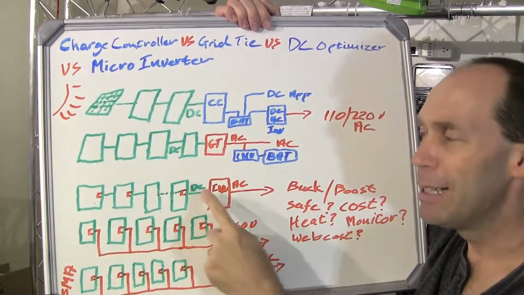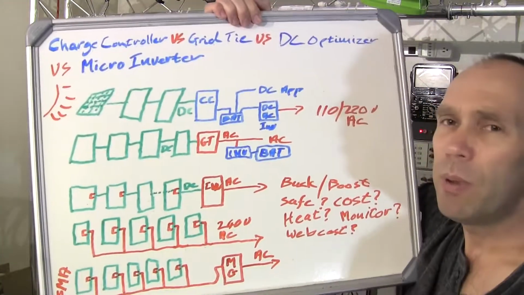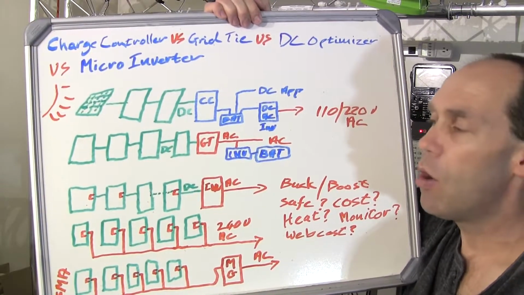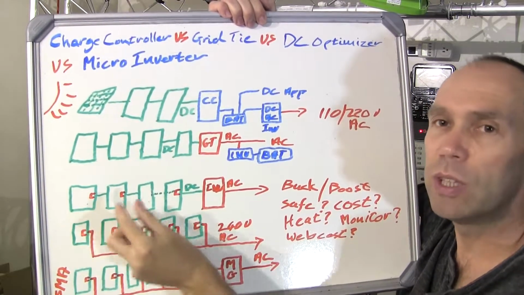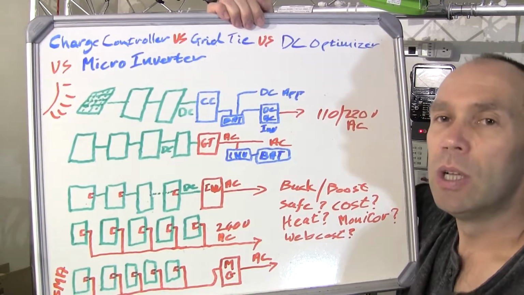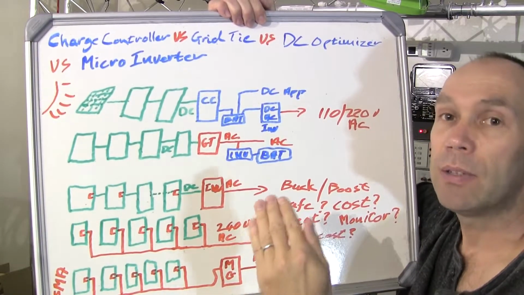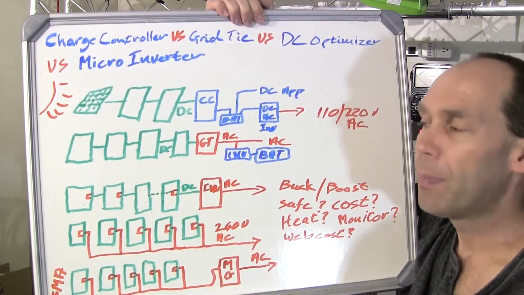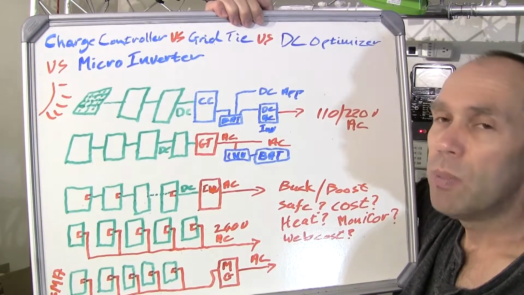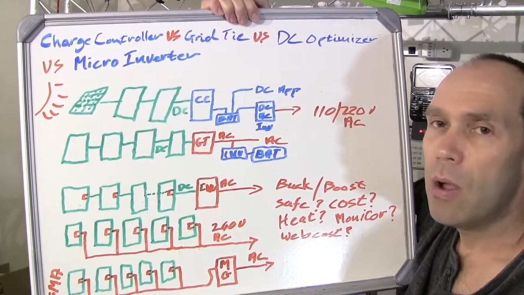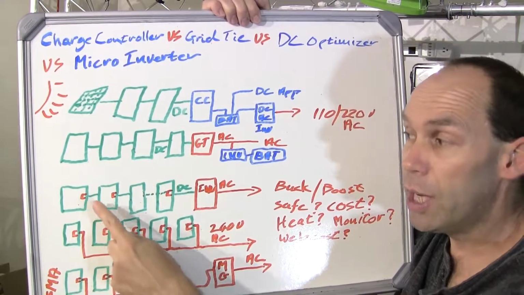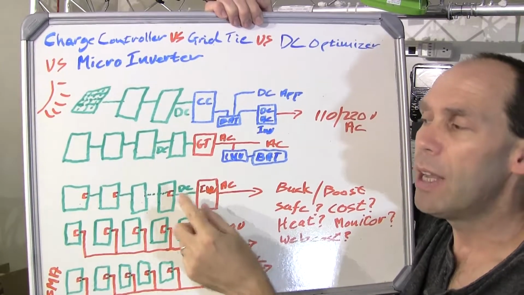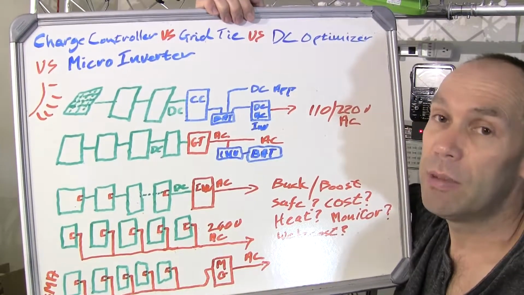Right, so looking at our DC optimizers, these provide a cost-effective way of providing control to each and every solar panel so that it can be optimized for the lighting that it's getting. For the most part, these DC optimizers have their own MPPT tracking on each of the solar panels, so each of the solar panels can be individually monitored.